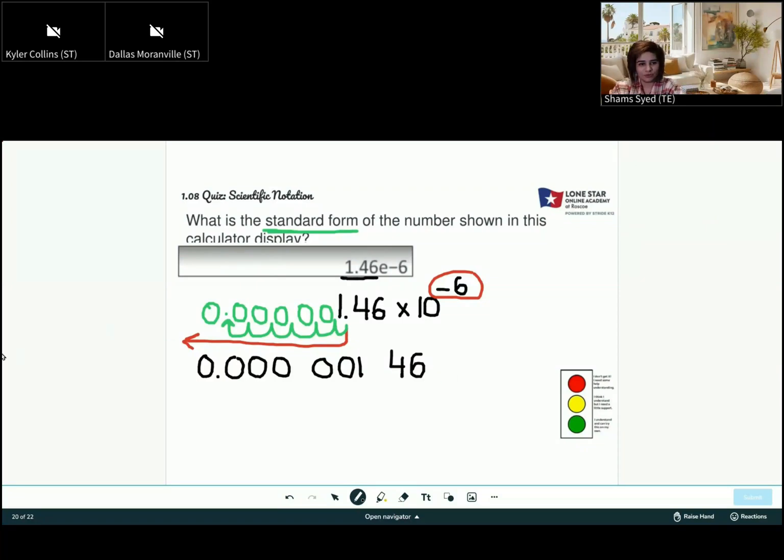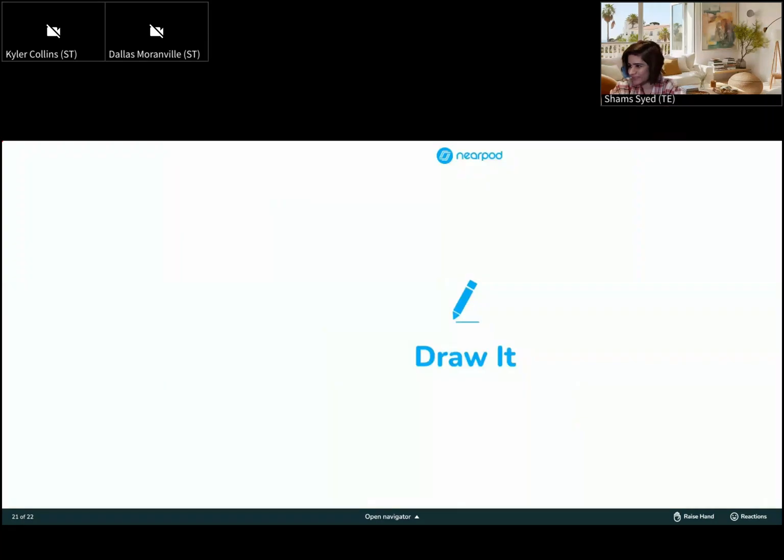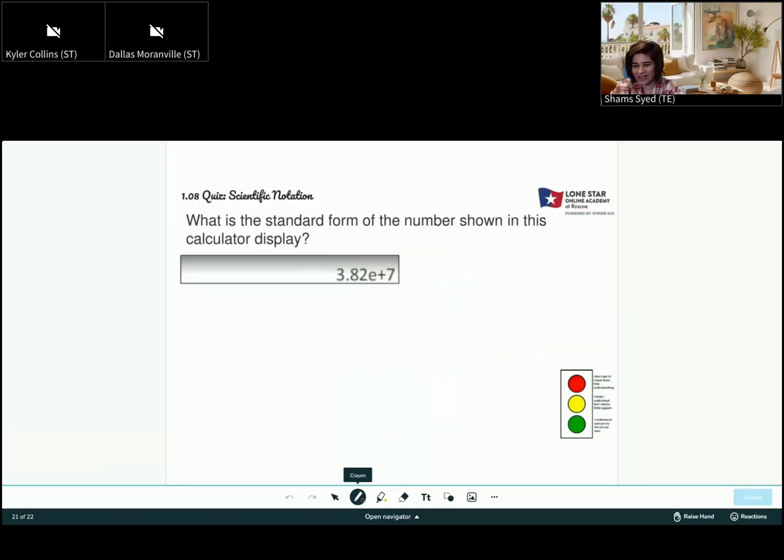Okay, let's move on to look at the second variety of question 5. I will rewrite this question like this. This says 3.82, so I will say 3.82. E means exponent, right?